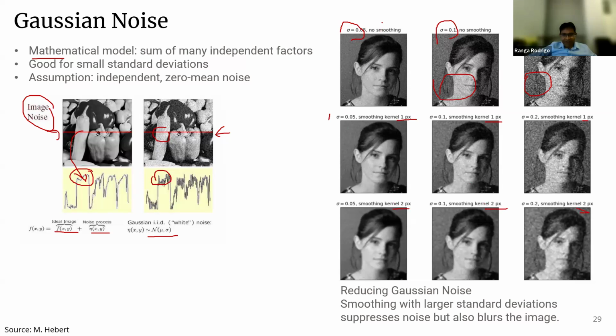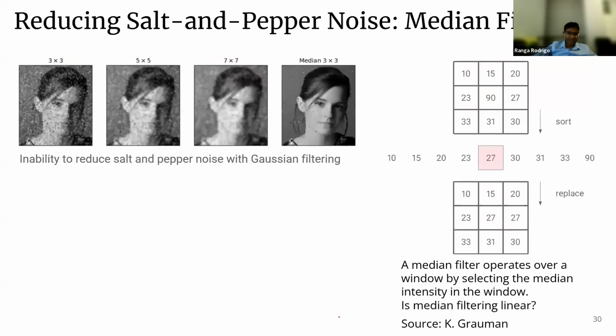Because we have added a very small amount of noise, if you smooth with 1 pixel sigma, you sort of get it removed. With 2 pixels, I think you can understand that, right? If you have a lot of noise, you have to use a large kernel. 2 pixels is also not enough. So reducing Gaussian noise by smoothing with a larger standard deviation suppresses noise, but also blurs the image.